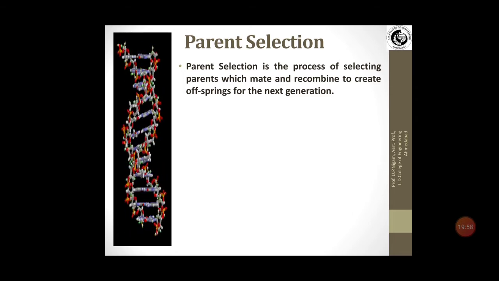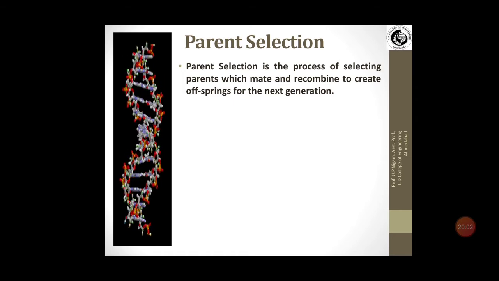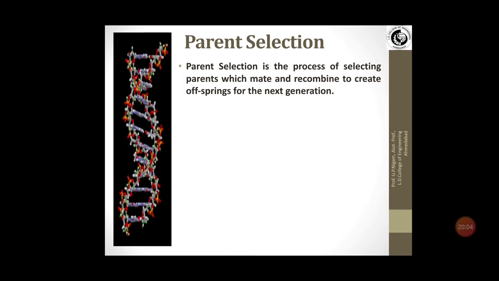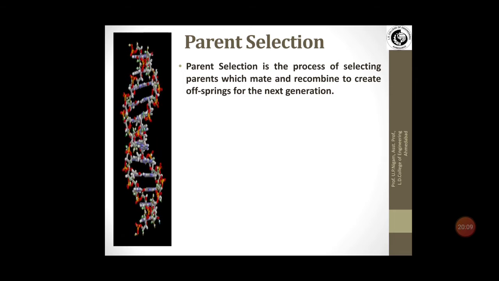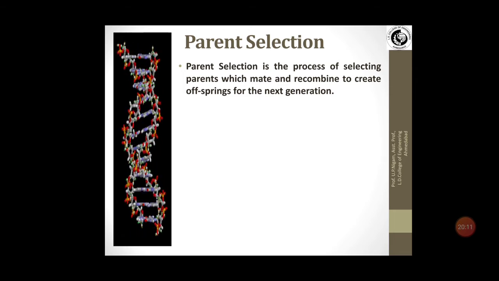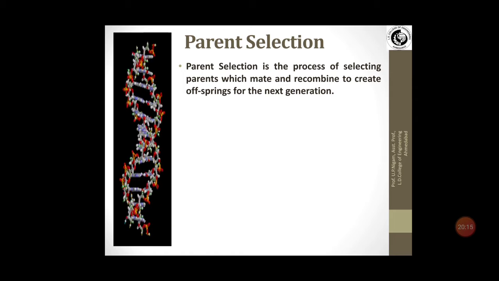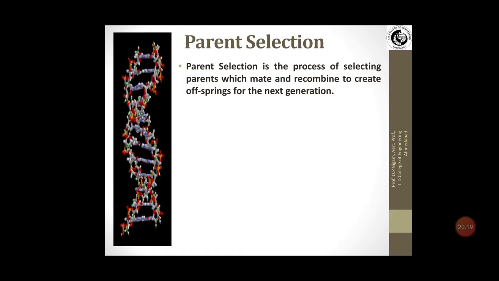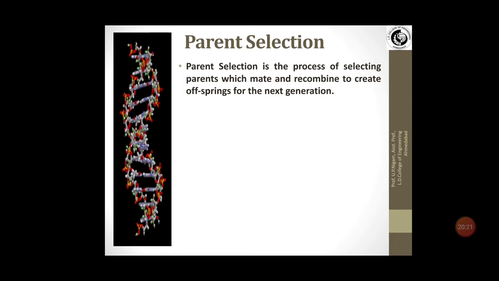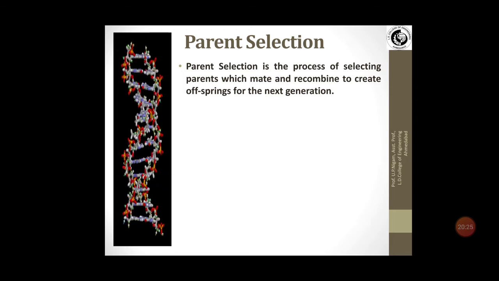This process continues, generation after generation, and the answer we get at the last will be the most possible solution. So this is the process in which we are using trial and error. We produce the first generation, second generation, third generation. In computational GA, we call these generations the trials which we follow: first trial, then second trial, then third trial.